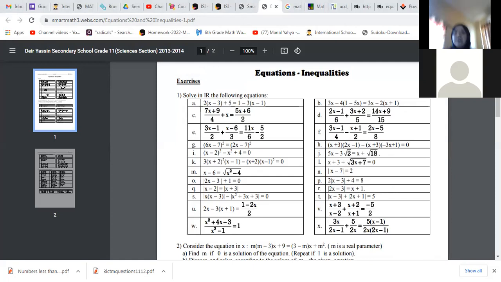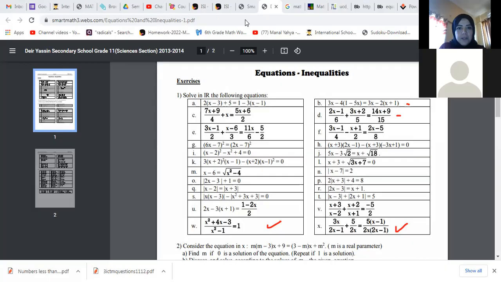Out of all of these, I'm going to solve D, W and X. I think you are able to solve A and B alone, so I'll solve them later and send them to you, as if you are solving a normal equation. I'll start with D because I have something special to tell you, and then W and X.